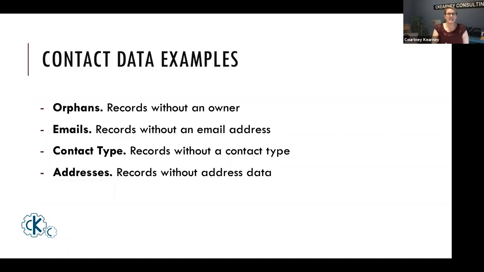Are they the facilities manager? Are they just accounting? What is that person's role in relationship to your firm or within their firm? Either way, if you plan to do any sort of targeted marketing so that you want to reach out to all of your architecture firms and narrow in on the decision makers, the only way to do that is if your contact type is populated.